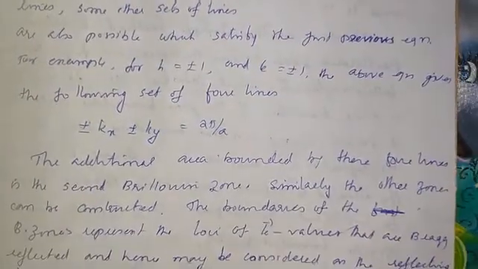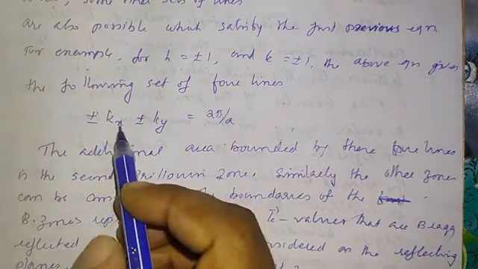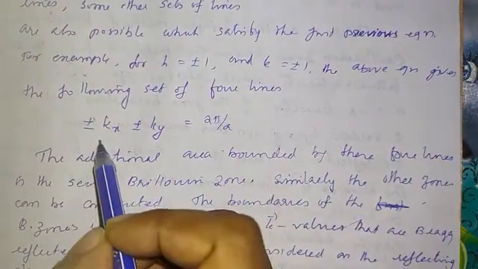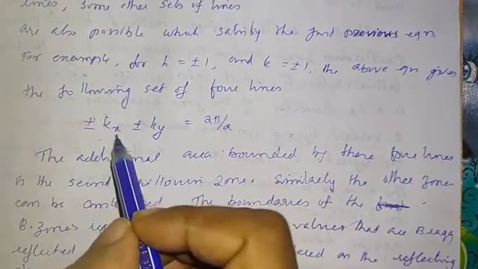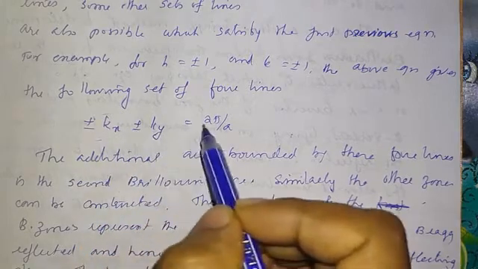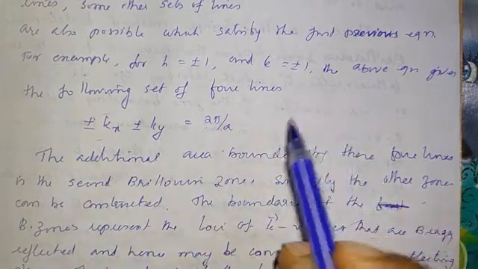It will give you a value 2 pi by a. Okay, so our equation is plus or minus kx plus or minus ky is equal to 2 pi by a.